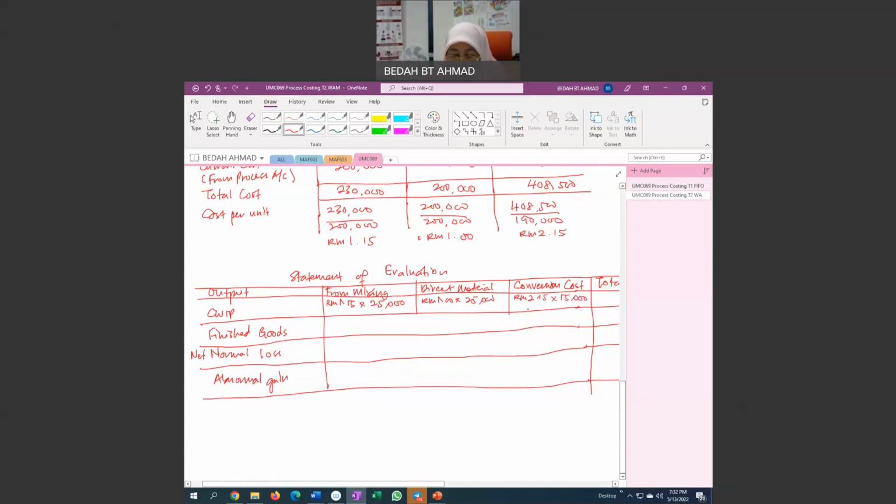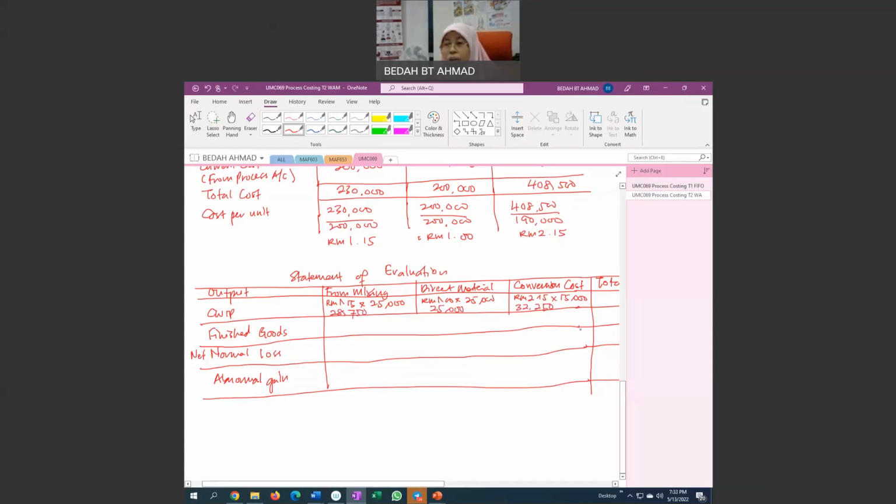So this one is 32,250. This one is 25,000. This one is 28,750. Then you total up: 28,750 plus 25,000 plus 32,250.